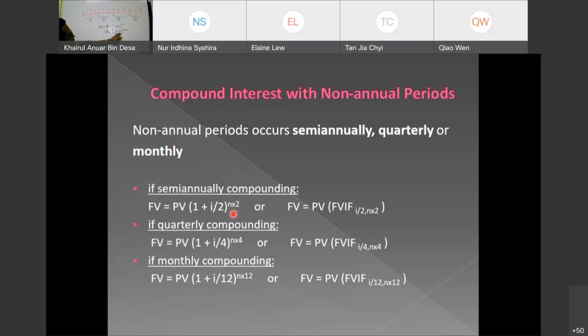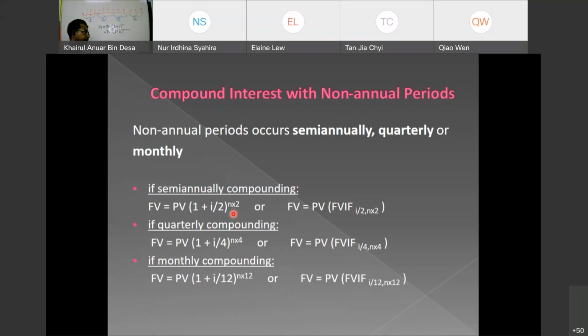So how about the formula? I divided by 4 and n times 4. Nampak?